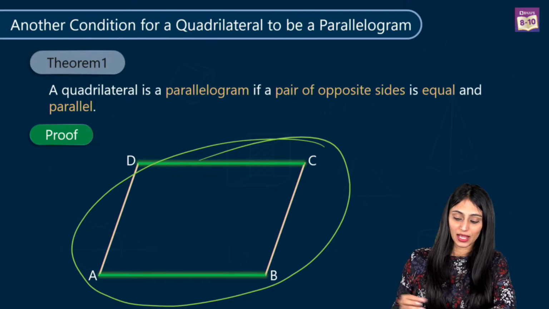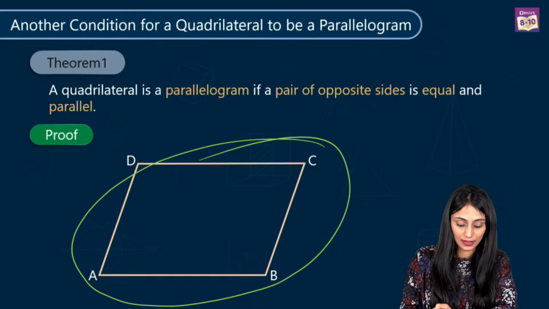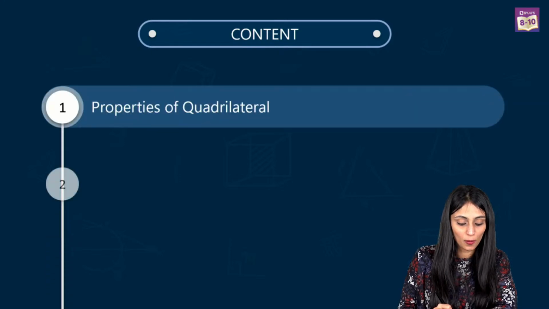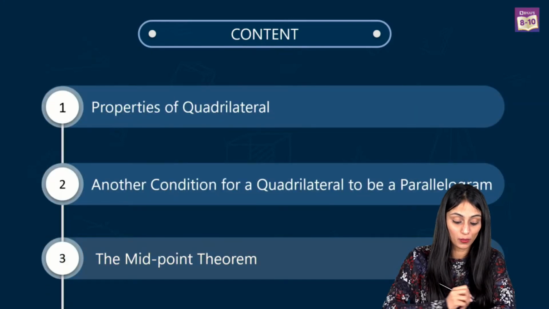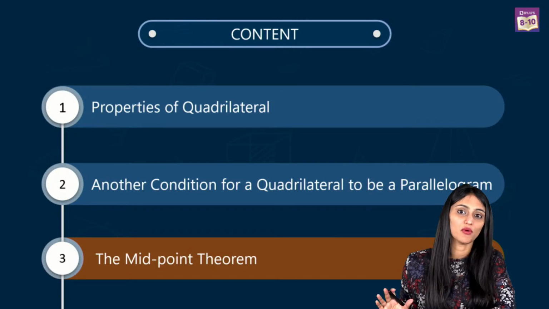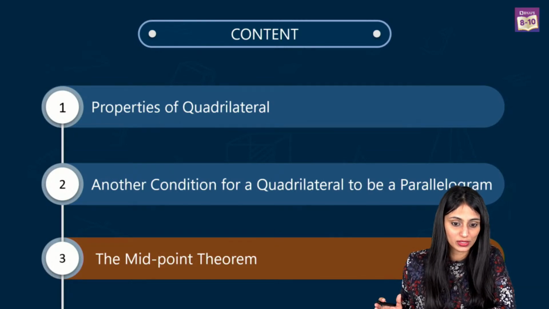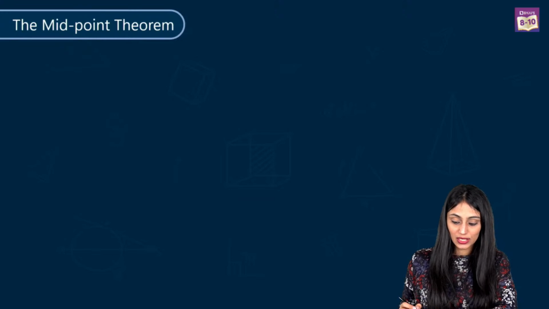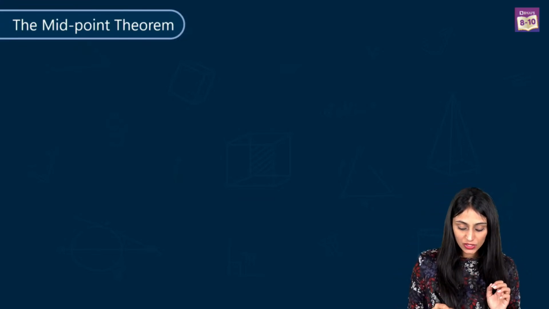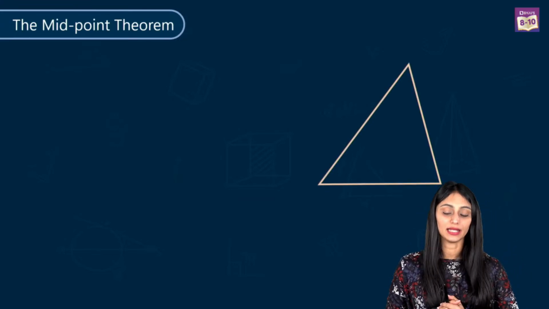All right. Now let's take a look at another topic. Next we have the midpoint theorem. It's a very important topic from the exam point of view, I would say. So let's first understand this. We have a triangle ABC.